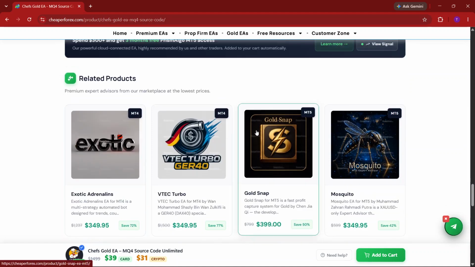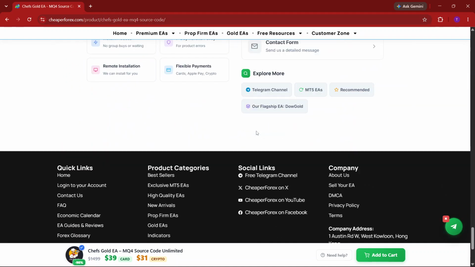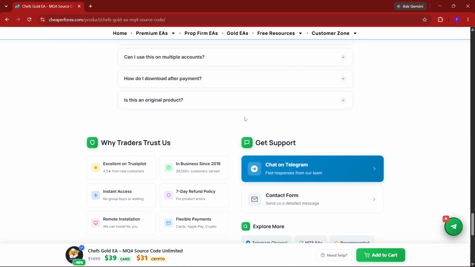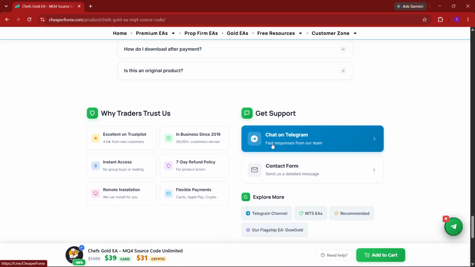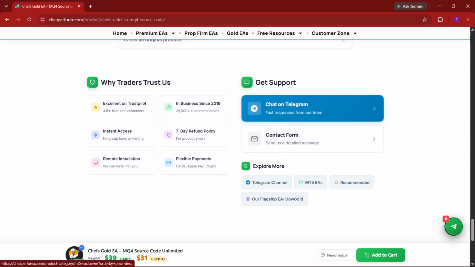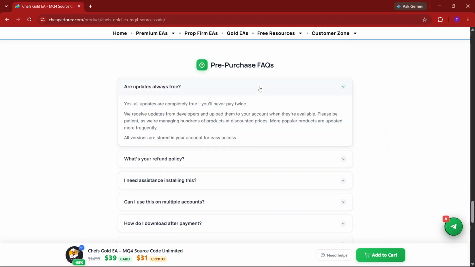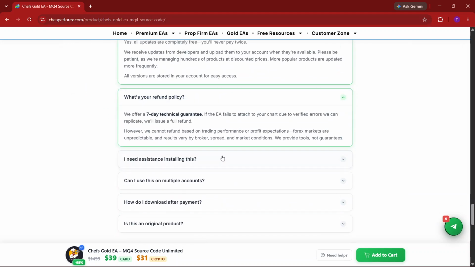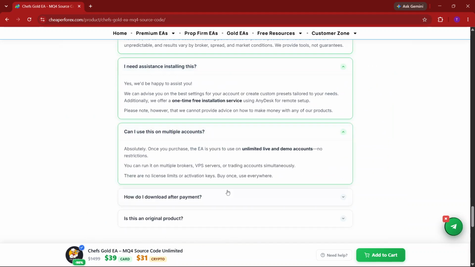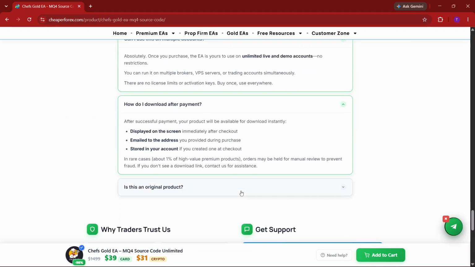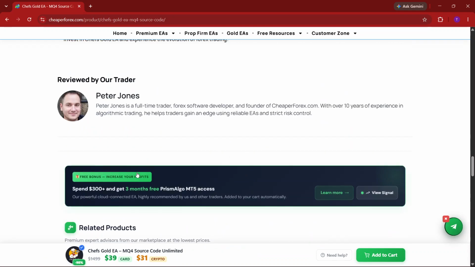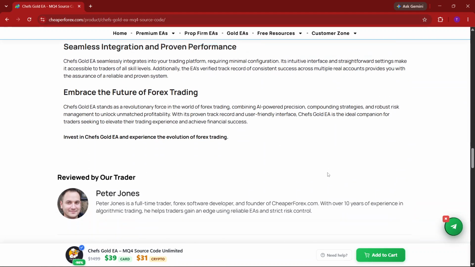Let's try looking for the signal. Gonna find it, but there's an option for support. As you can see, they have a FAQ section. Now, honestly, I'm not seeing any signal here, that's for Prism Algo, another one of the EAs.